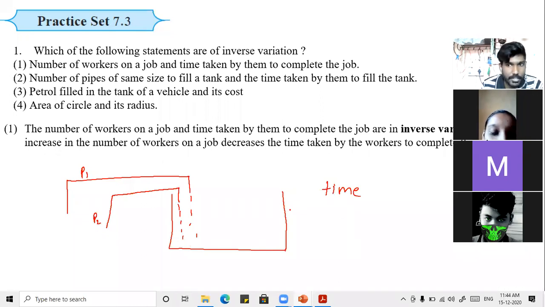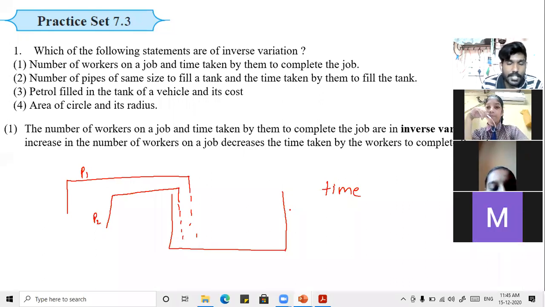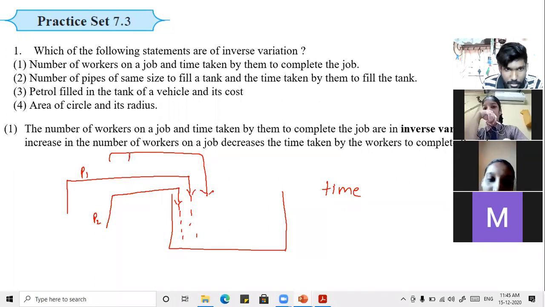Will it become faster or slower? Faster, yeah. The tank will fill faster. So if both the pipes are on, then the tank will fill faster. If there is one more pipe, I'll call it P3, and this pipe is also on, then again the tank will fill faster.